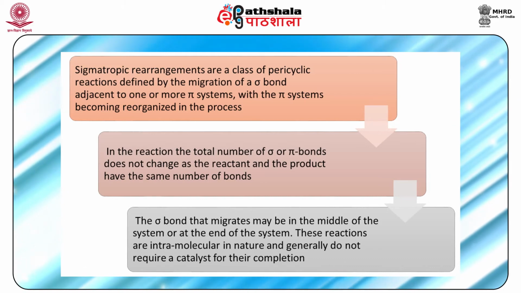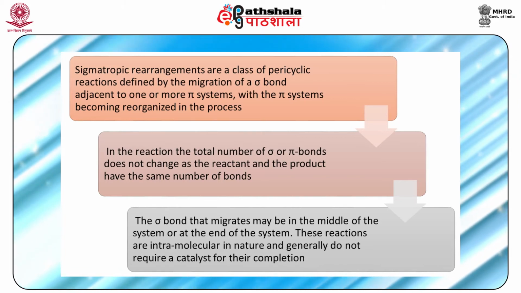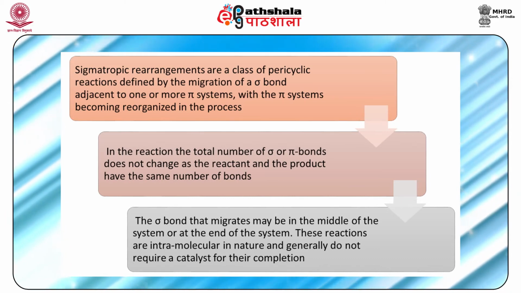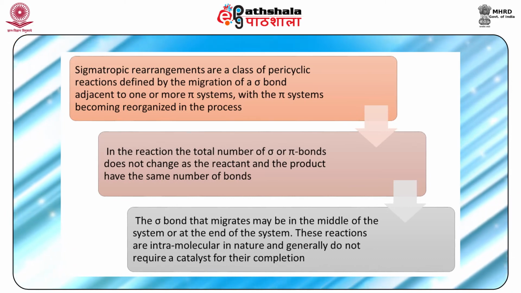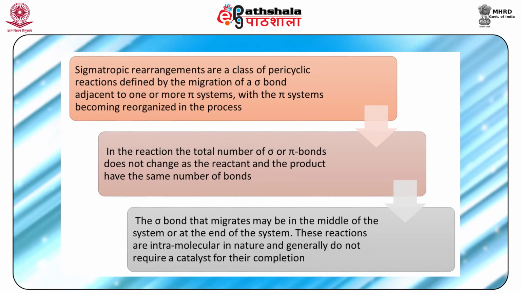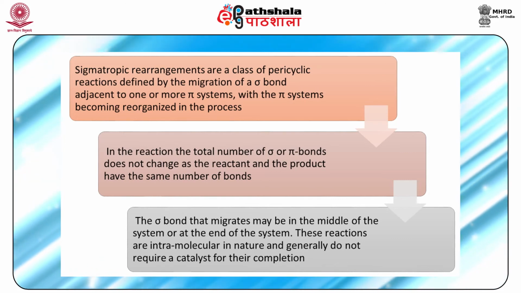In the reaction, the total number of sigma or pi bonds does not change, as the reactant and the product have the same number of bonds. The sigma bond that migrates may be in the middle of the system or at the end of the system. These reactions are intramolecular in nature and generally do not require a catalyst for their completion.